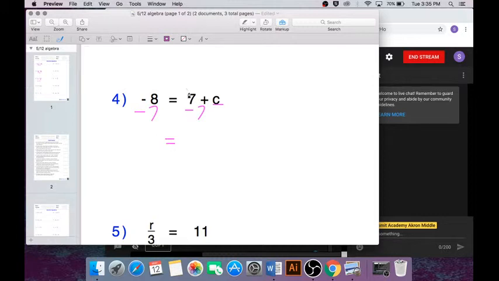Our plus 7 and minus 7 cancel each other out, leaving us with c on the right. On the left we have negative 8 minus 7. Negative 8 minus 7 is negative 15, because remember, a negative minus a number is adding two numbers with a negative sign.